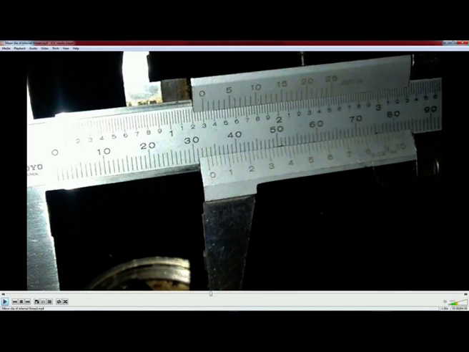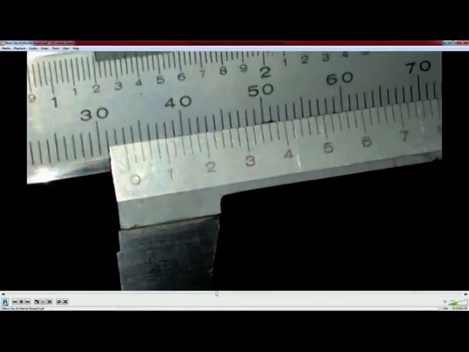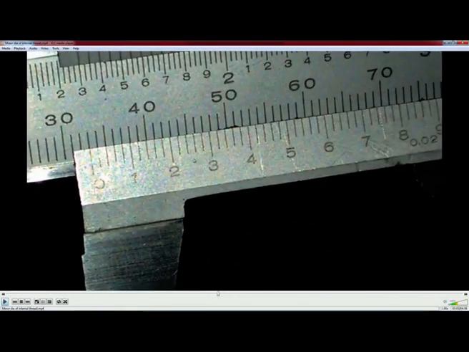You can see the approximate distance between steel balls is 33 millimeter. And then we should see the coinciding division.